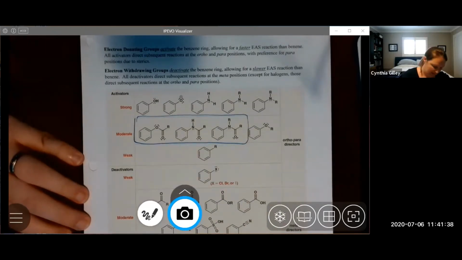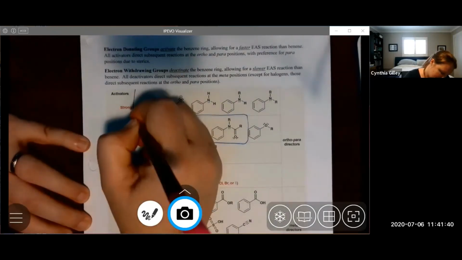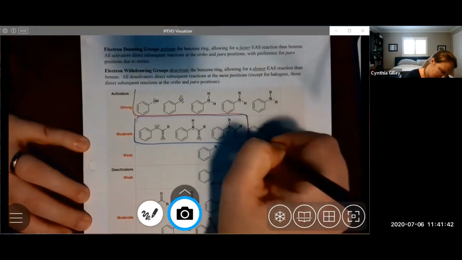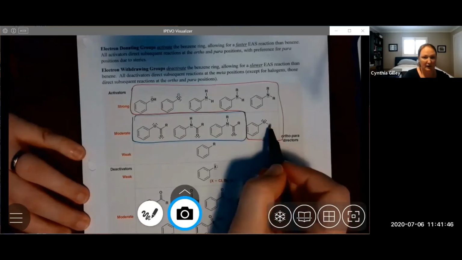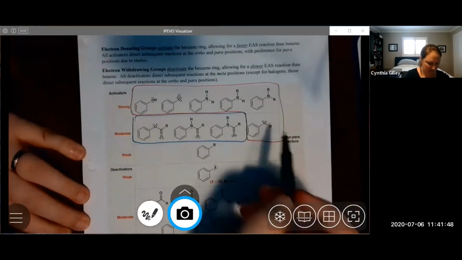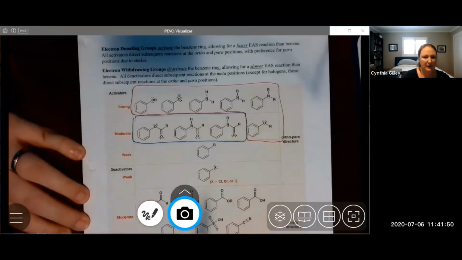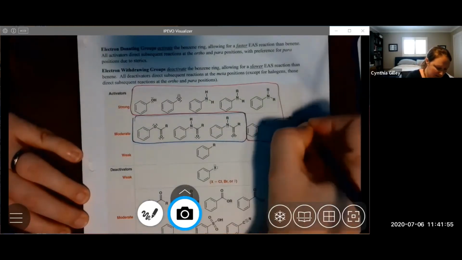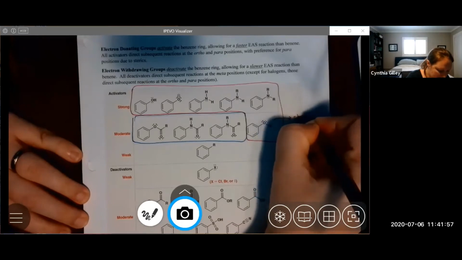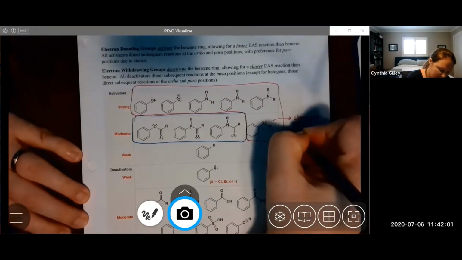And then these structurally look very similar, sort of like including that one, because there's not going to be a carbonyl here, so it's more similar to these than it is to those. I would say this one is probably the strongest of the, quote, moderate activators.